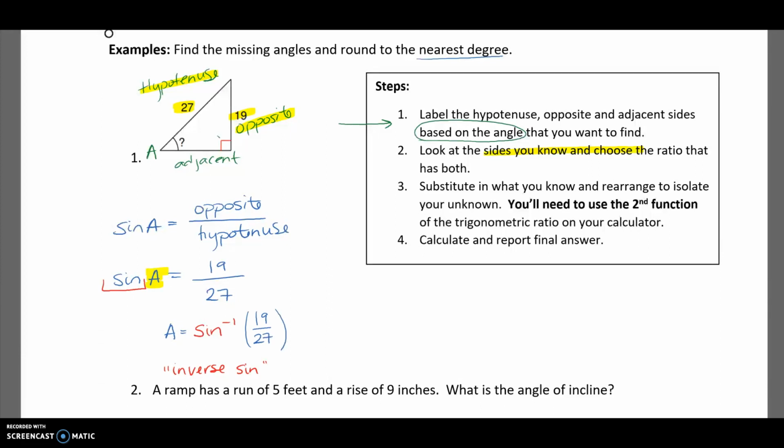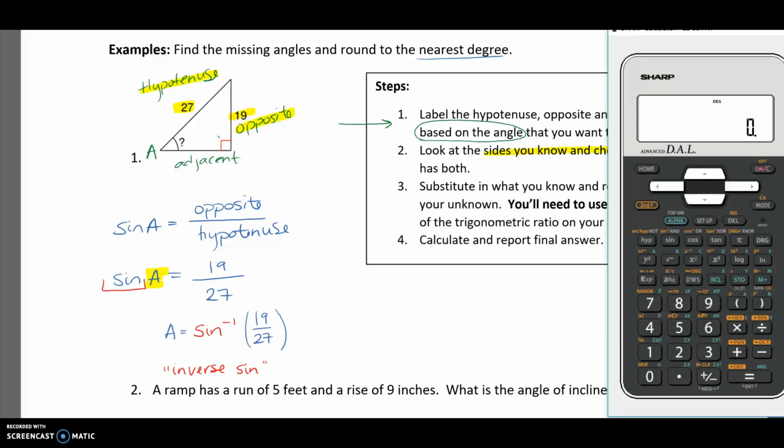All I need to do now is punch this into my calculator. If you notice, above your sine, cosine, and tangent buttons on your calculator, in orange here are those inverse symbols. Sine with the -1, the inverse sine, cos with the -1, the inverse cos, and inverse tan. To get to those, I use my second function button. So here I hit the second function of sine.